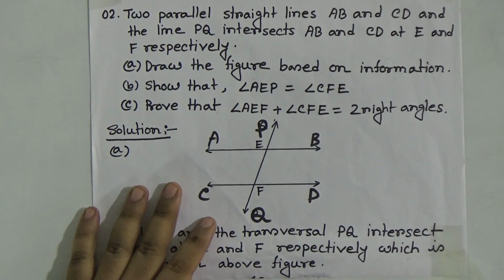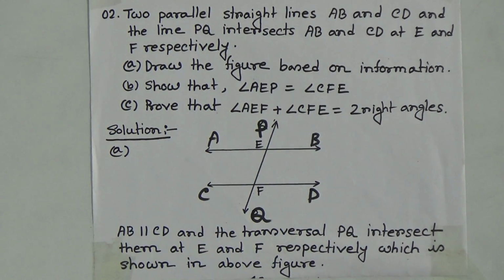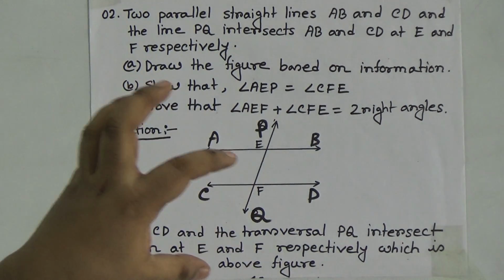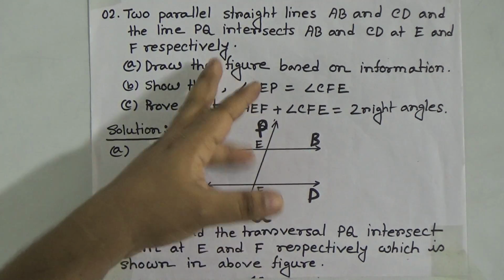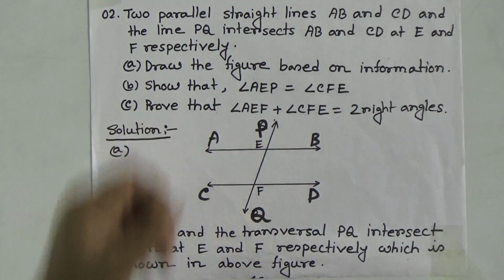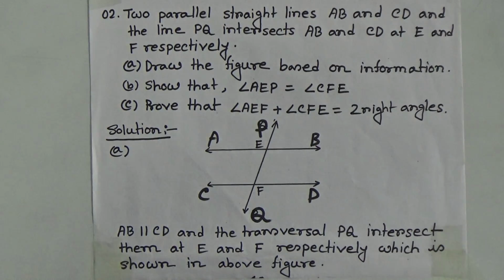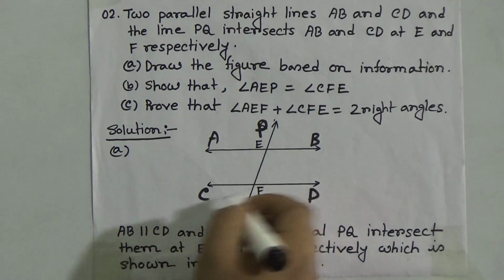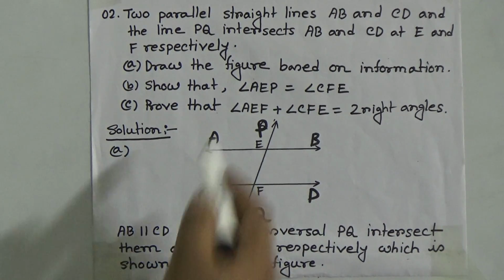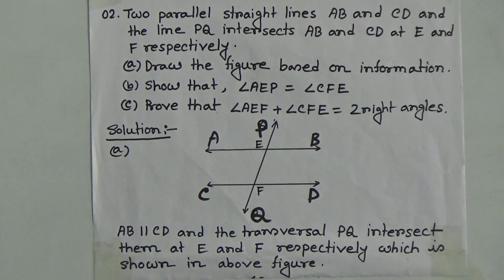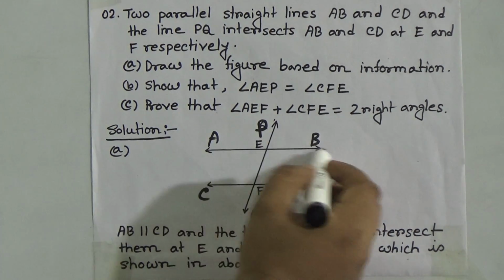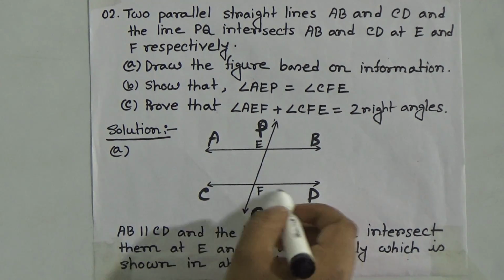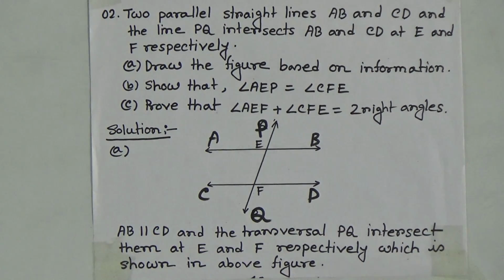My dear students, it is a matter of great joy that by the same figure we shall solve question B and question C. That means we want to draw the same figure in question B and also in question C. So here AB and CD are two parallel lines and PQ is their transversal, and this transversal PQ intersects AB at the point E and CD at the point F, which is shown in the above figure.